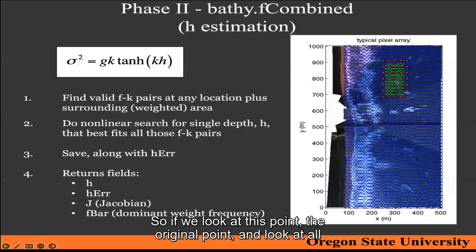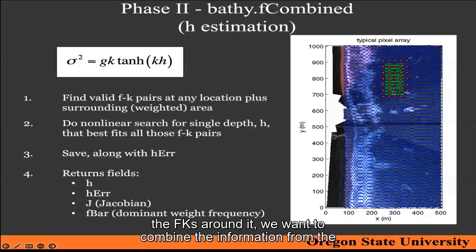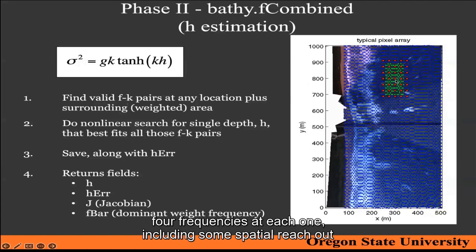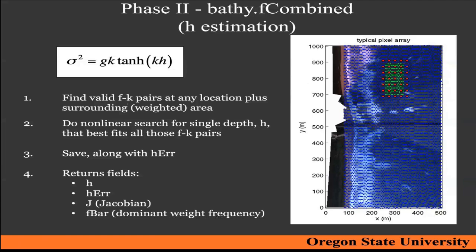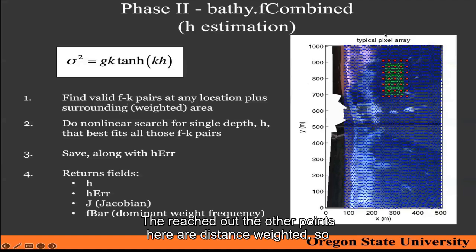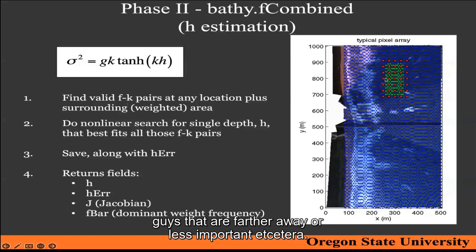So if we look at this point, the original point, and look at all the FKs around it, we want to combine the information from the 4 frequencies at each one, including some spatial reach out in the tile, and find a single depth that explains all of those. The other points here are distance weighted, so ones that are farther away are less important.